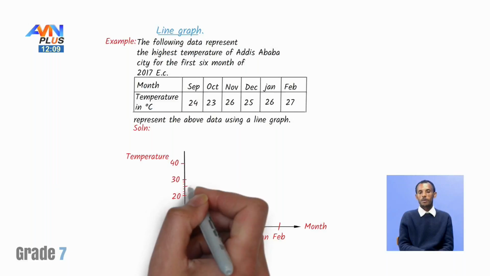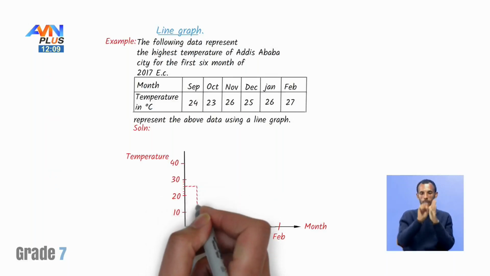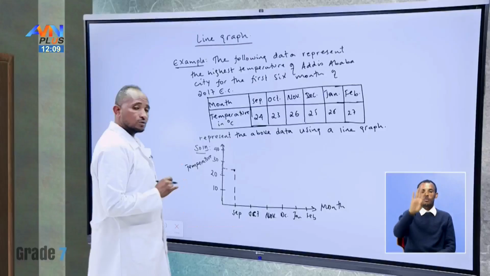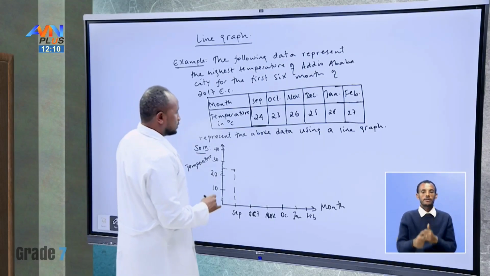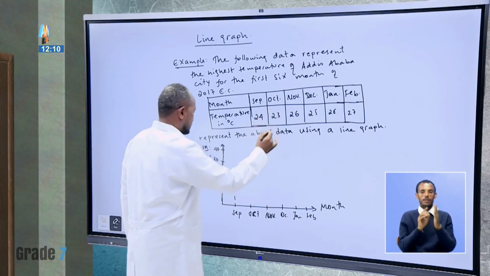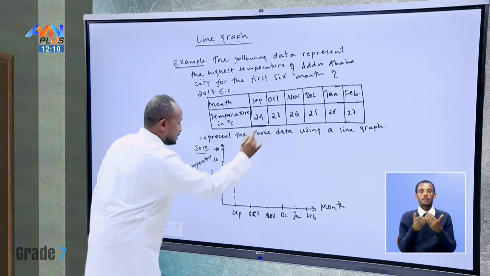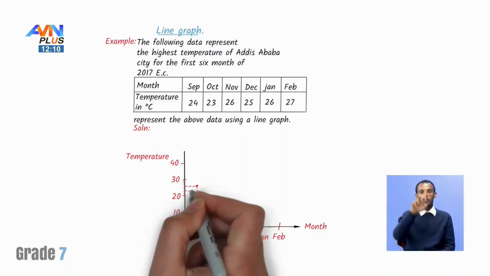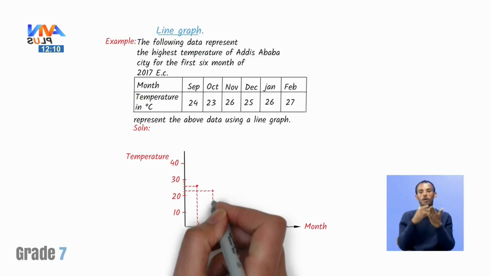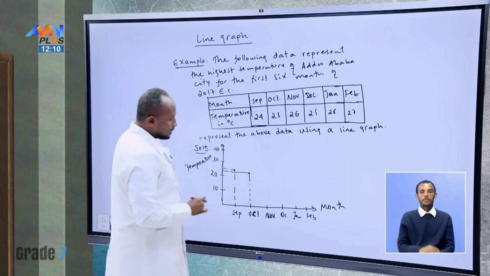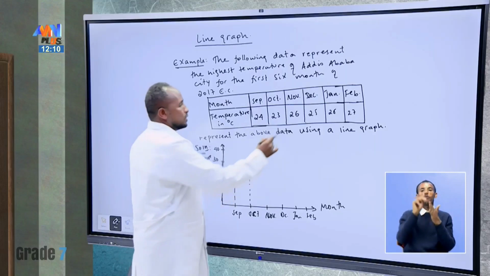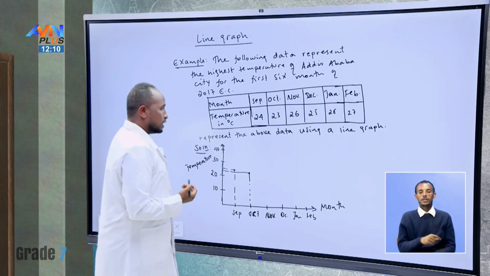It is here. Therefore, the temperature in September is 24. I'll put this as a point. Next, October. The temperature of October is simply 23. So 23 is here, and I'll put it here.